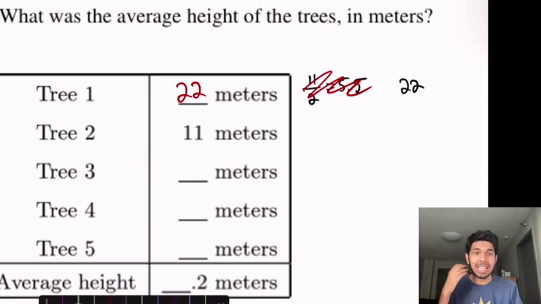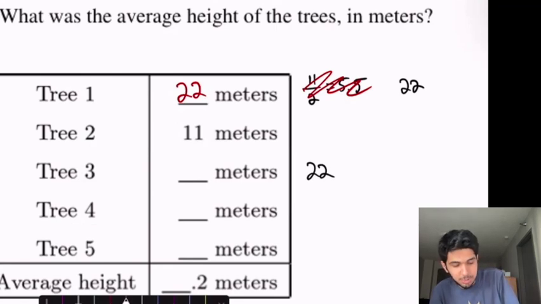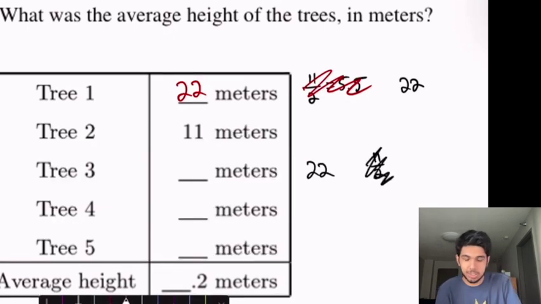If tree 2 is half as tall as tree 3, then tree 3 must be 22 meters tall. The other option is if tree 2 is twice as tall as tree 3, then tree 3 would be 11 halves meters high. But we just said 11 halves can't happen since that's not an integer, so tree 3 must also be 22 meters.